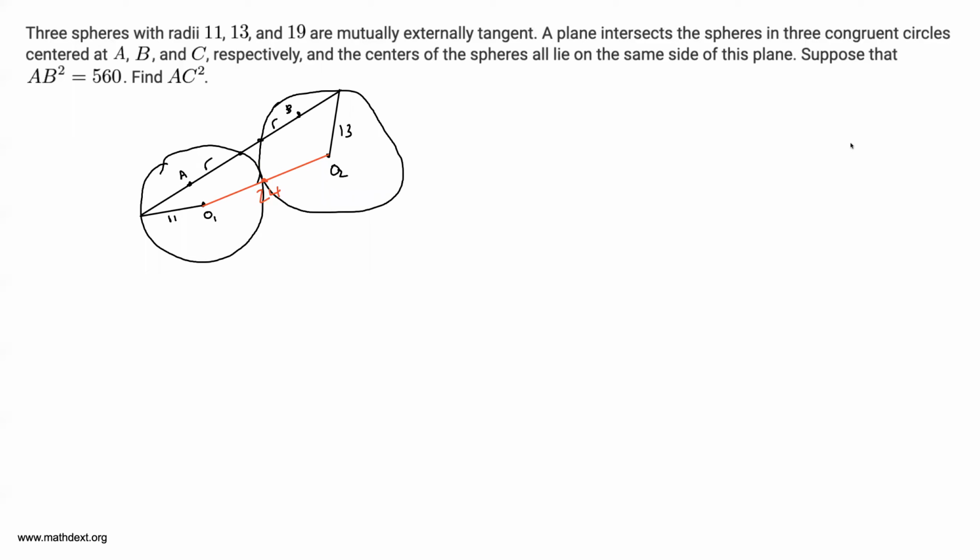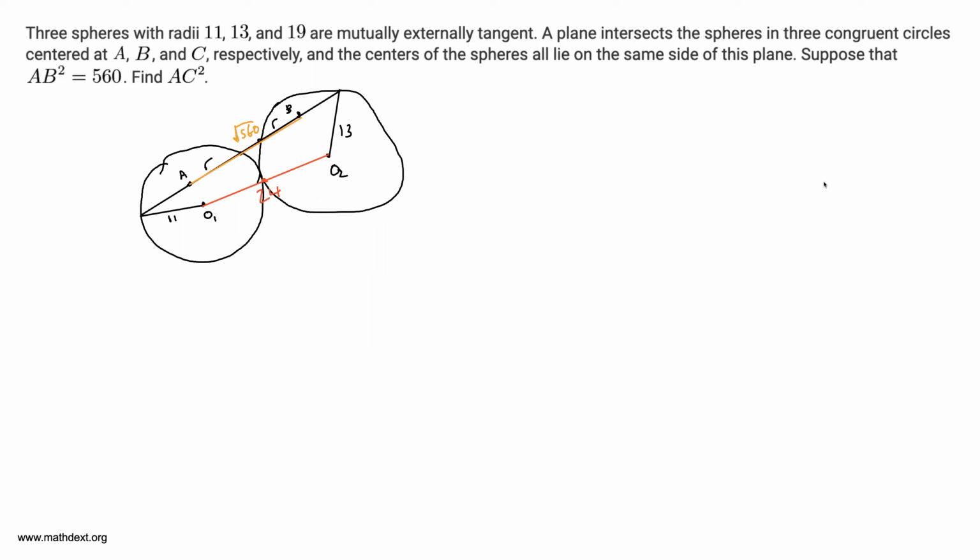We have AB squared equal to 560, which means that AB is equal to the square root of 560. But how's that going to help us?